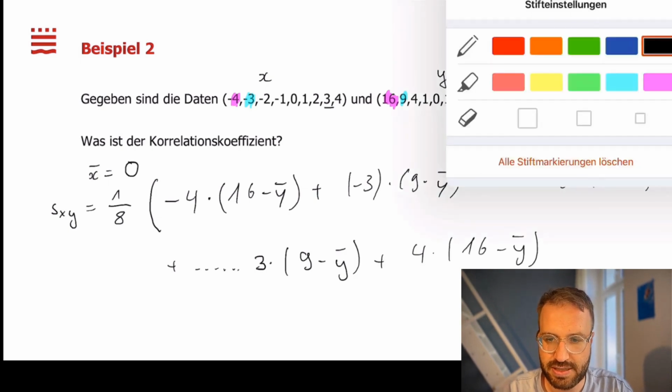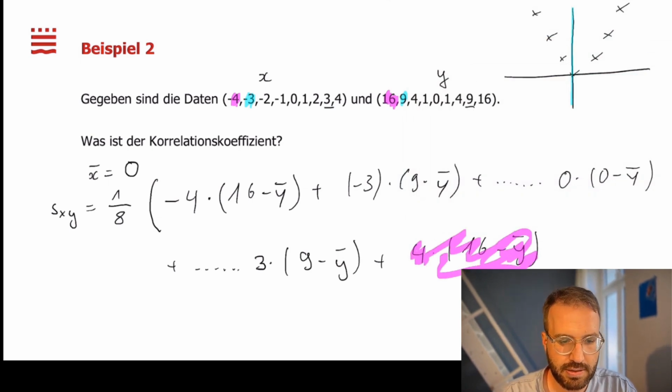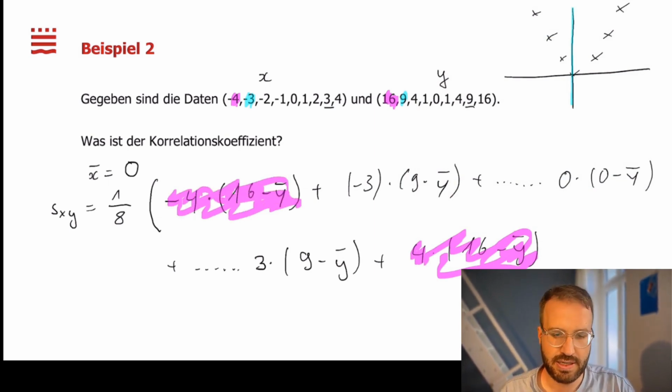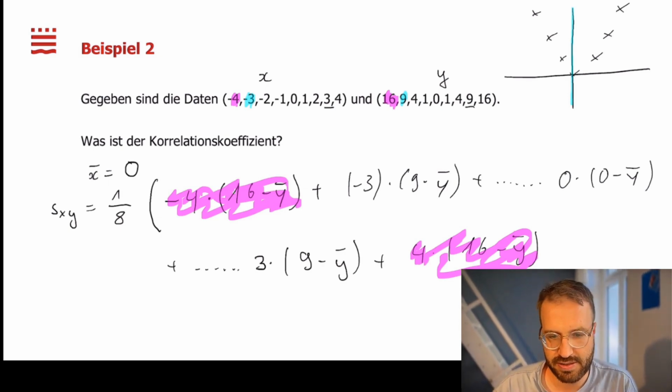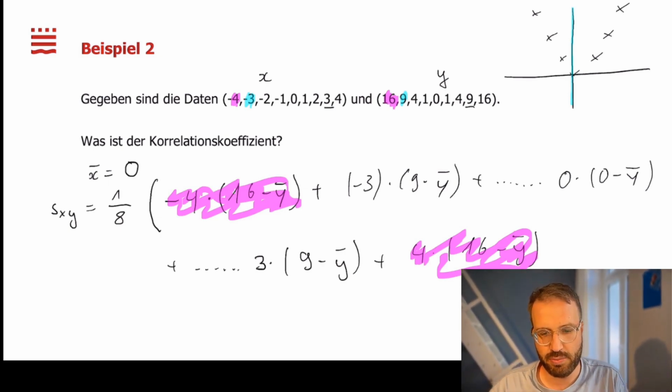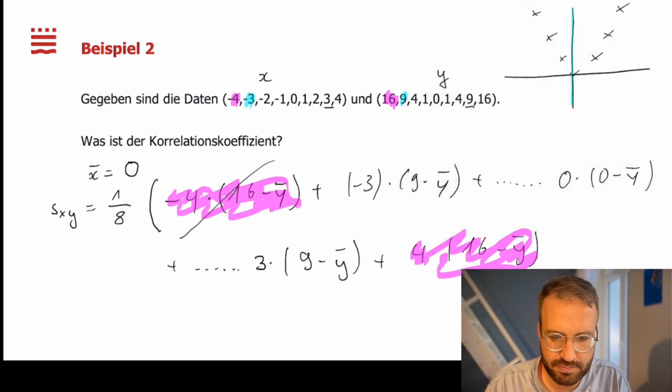And what we see here is that, for example, when we look at 4 times 16 minus y bar, it appears here in the same way, just with an inverted sign. Because the minus 4 on one side and the 4 on the other side keep the 16 the same, it essentially cancels out here.